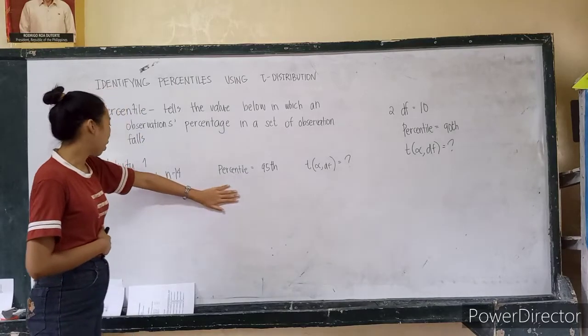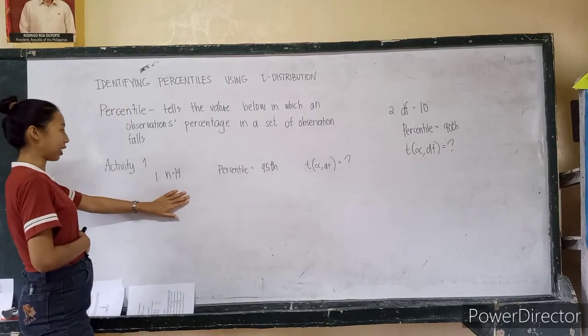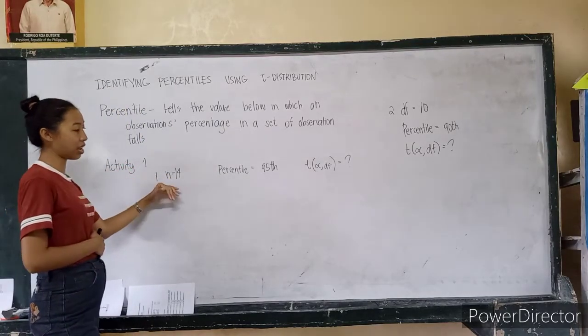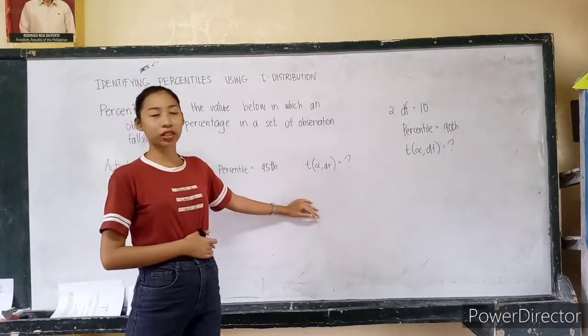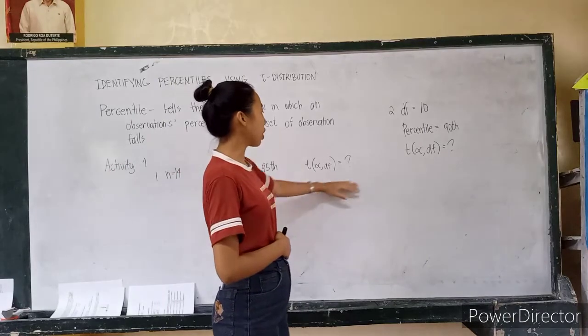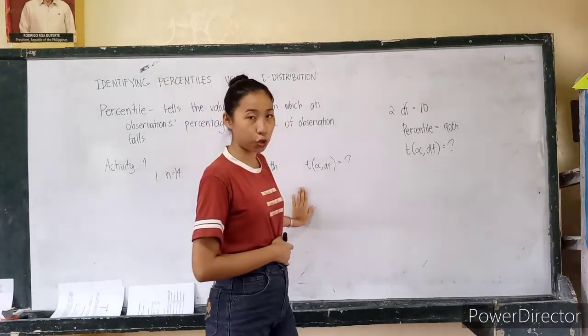In our first item, activity number 1, the n is equal to 14, the percentile is equal to 95th, and we are looking for our t-value.